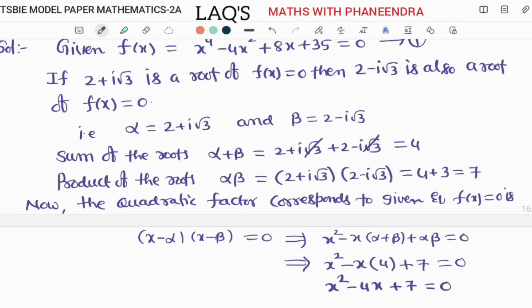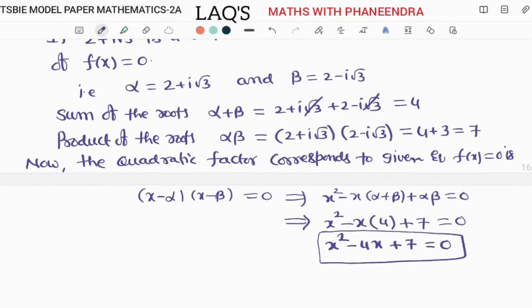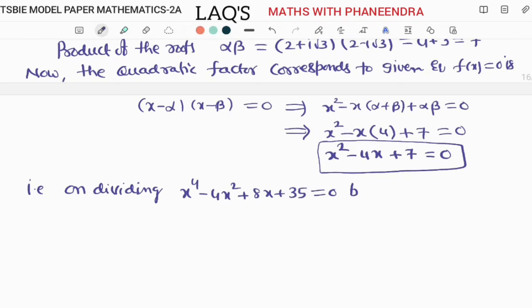So that means the equation x square minus 4x plus 7 equal to 0 is a factor, that is, on dividing, actual division you can do, on dividing x power 4 minus 4x square plus 8x plus 35 by the quadratic factor x square minus 4x plus 7 by using synthetic division.